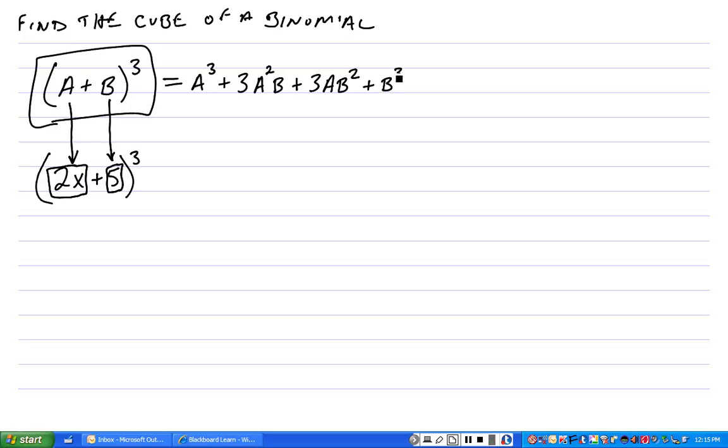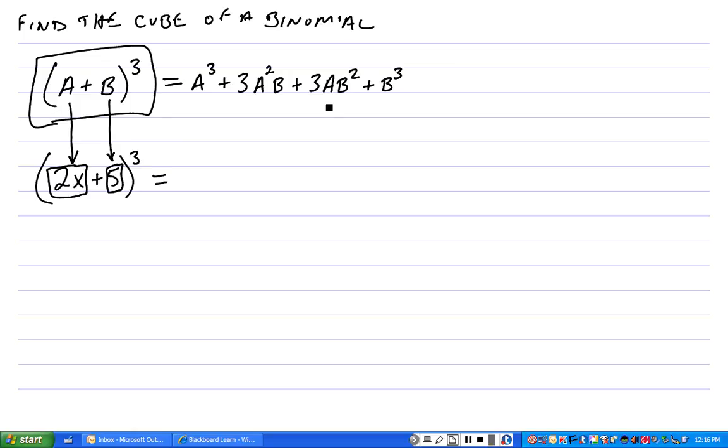Now we've already said that a is 2x and that b is 5. Again, a is 2x, b is 5. So if we were given this particular problem, we can plug right into this formula here.